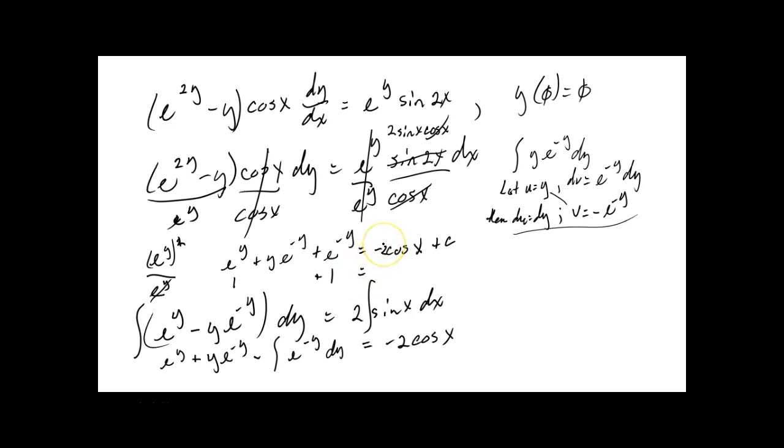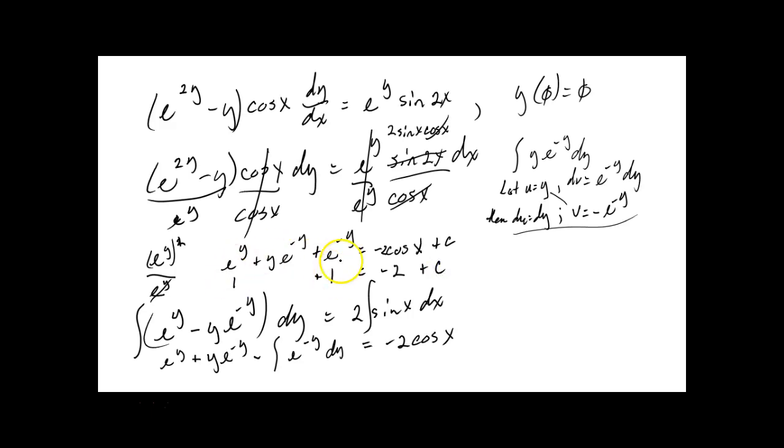And then over here, when x is 0, cosine is what? Cosine of 0. Oh, but this is 1, so that's going to be a minus 2 plus c. Okay, so what do we have here?